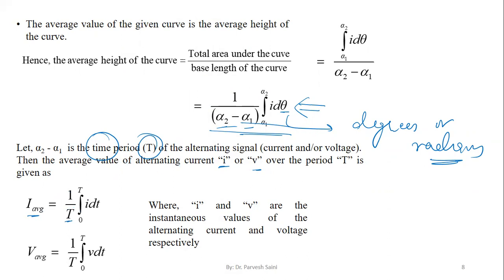Time period is the time taken by an alternating signal to complete one cycle, or the time for which the signal exists. So this is how we can find the average value of current and voltage which is alternating in nature.